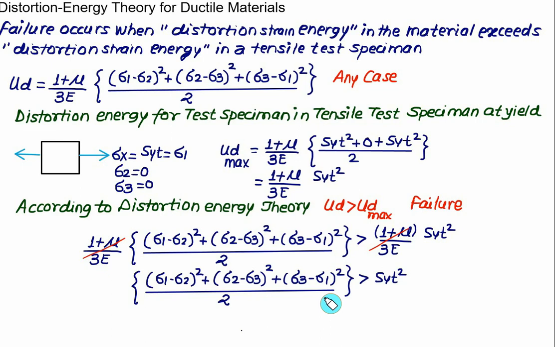If you take the square root here, then you get the expression for the von Mises stress. So the left-hand side under the root will represent the von Mises stress.